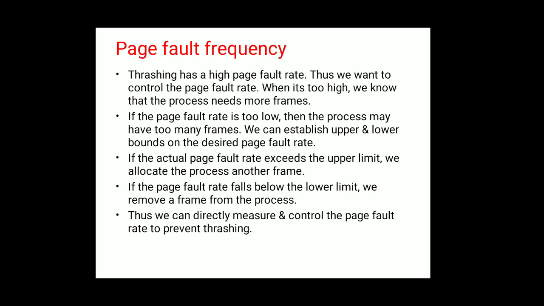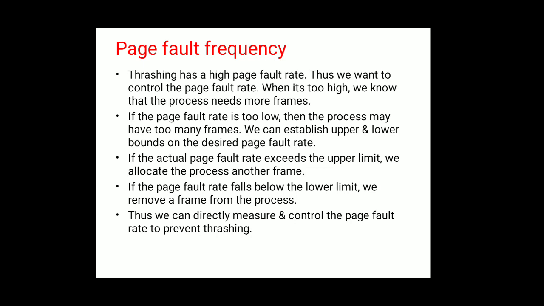So we can establish upper and lower bounds on the desired page fault rate. If the page fault rate crosses the upper limit, then we have to allocate that particular process another frame.